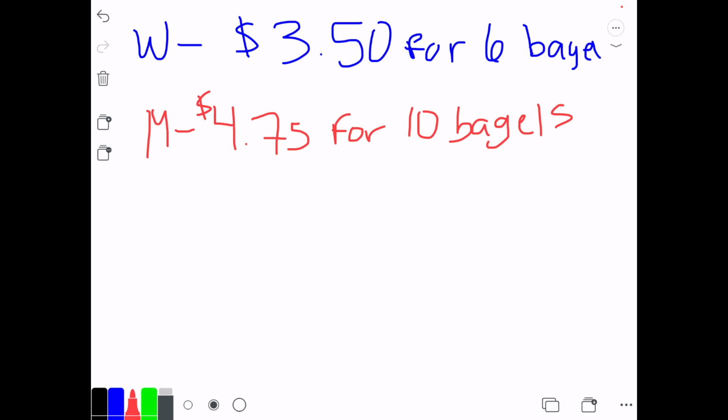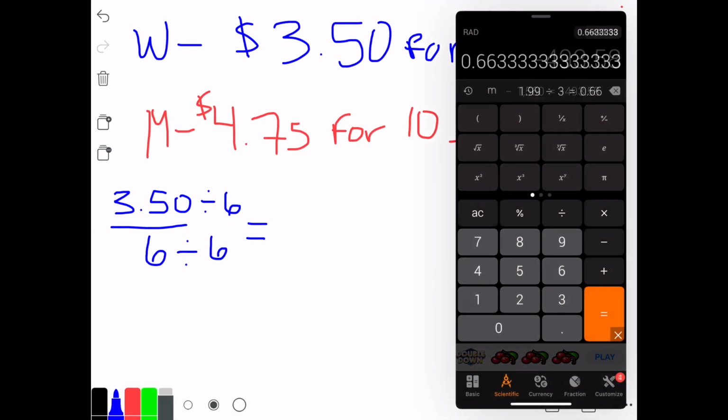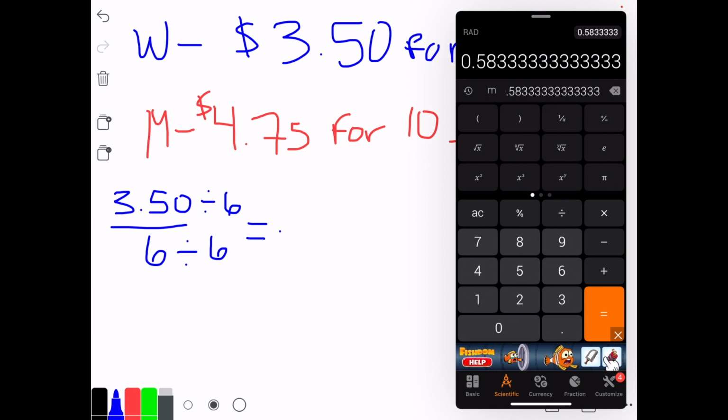All right, so what we should have done is we have our Walmart price of $3.50 to 6, and to find our unit rate, we divide by whatever our denominator is. So if I divide that out, come on, calculator, 3.50 divided by 6 equals, we have our 1 in our denominator and a 0.58 in the numerator for our Walmart bagels.